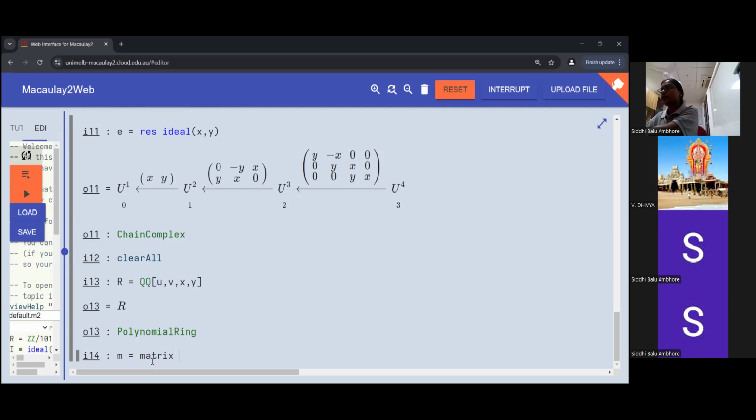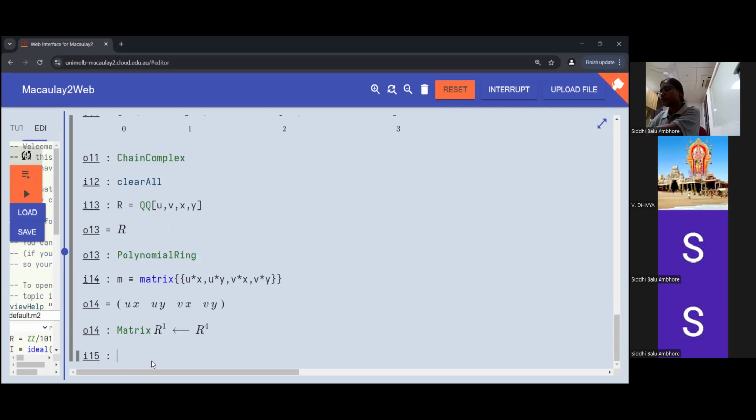I mean, we know there are multiple ways to find a minimal presentation of any matrix. It is U*X, U*Y, V*X, and V*Y. And N is the image of this matrix.